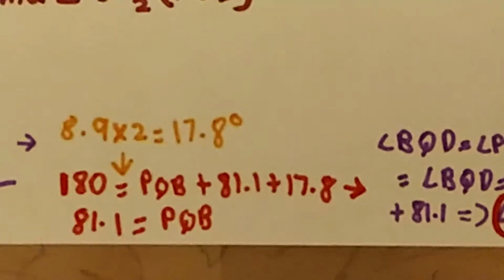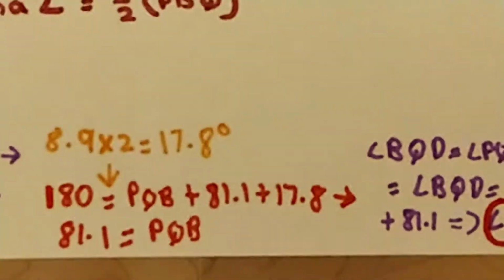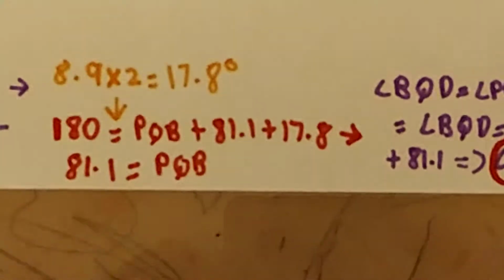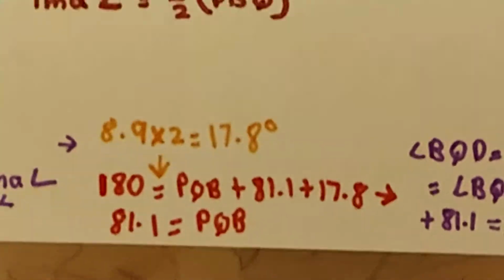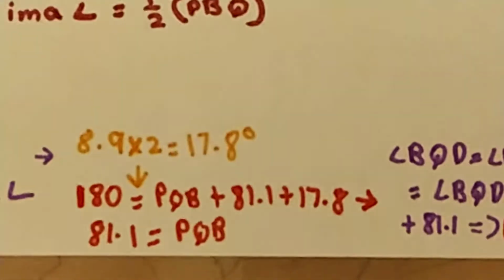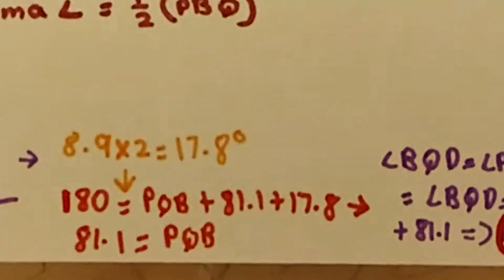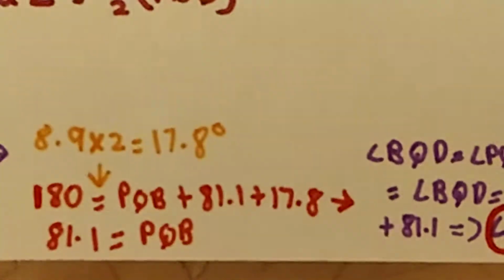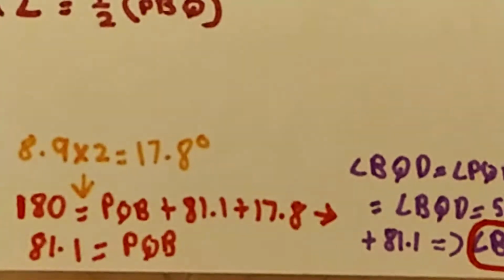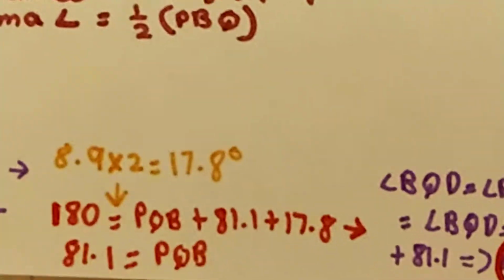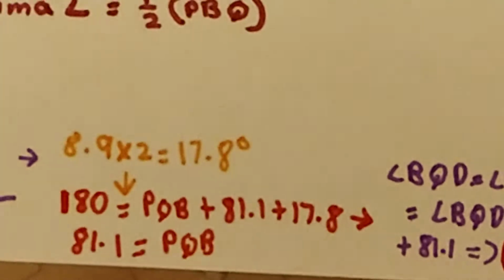Then I used the sum of the angles in a triangle, which add up to 180. So I did 180 equals PQB plus 81.1 plus 17.8.